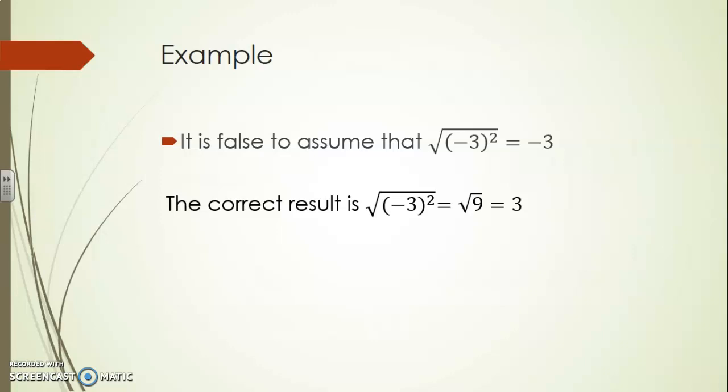Rooting 9 has to give the positive outcome that squared would have given 9 in the first place. So this time, if we think of minus 3 as being x, the result is not the same x, but one that has changed signs. In fact, minus 3 has become plus 3.